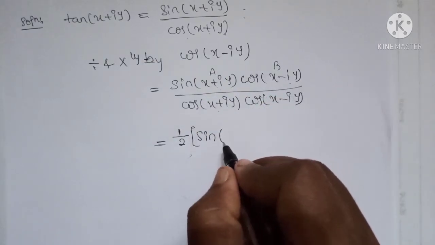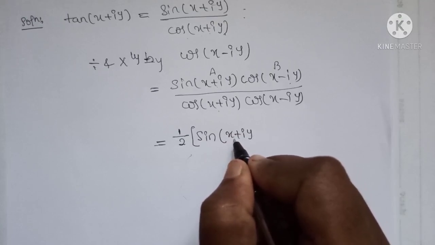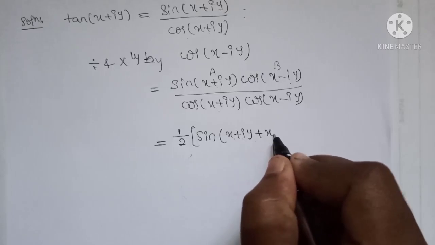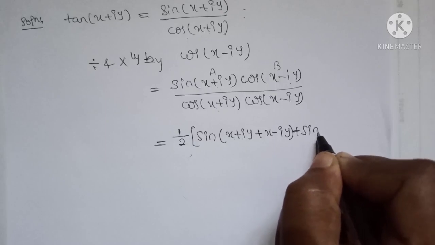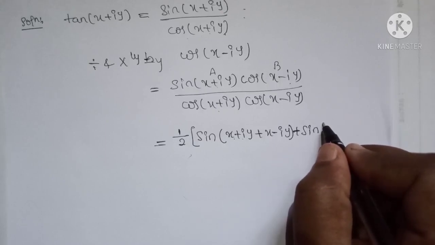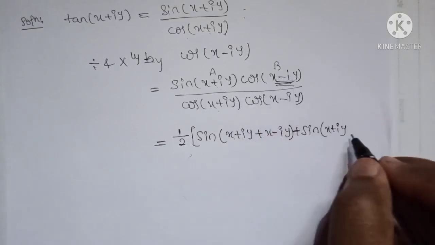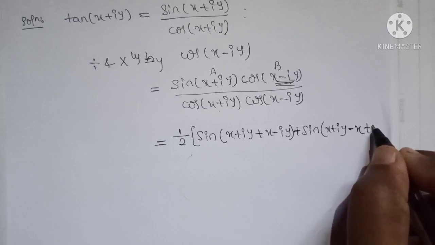Sin of a plus b is sin of x plus iy plus x minus iy, plus sin of a minus b, that is x plus iy minus x minus iy, so minus x, minus into minus, plus iy.